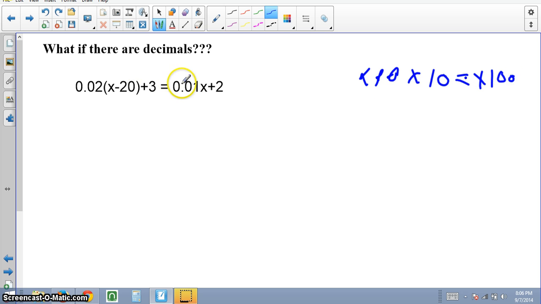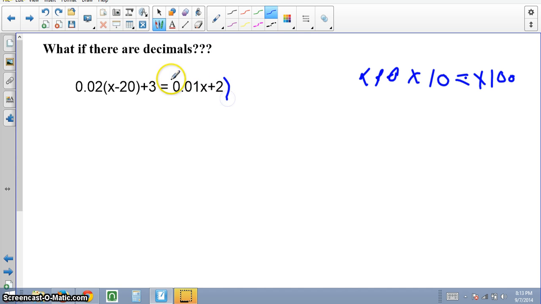Then there are no decimals. In this case, there are two decimal places, so I have to multiply by 100, and that will get rid of any sort of decimal situation.